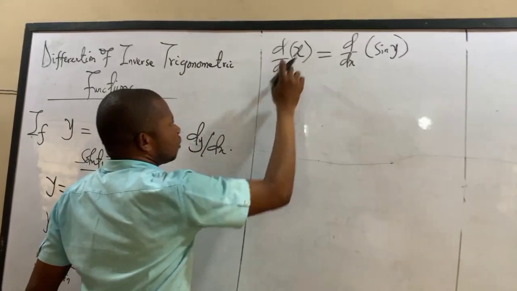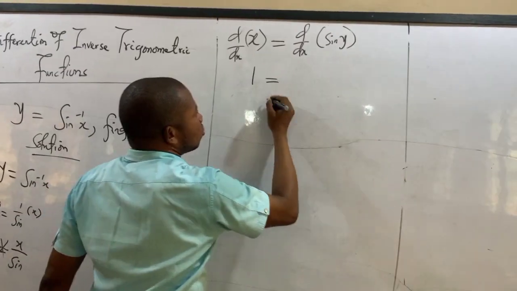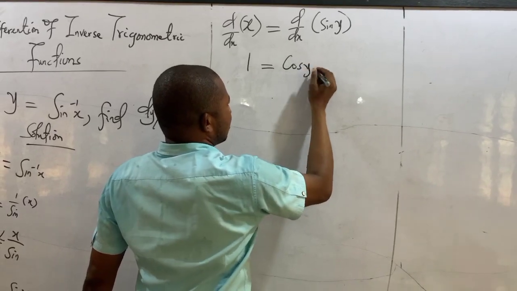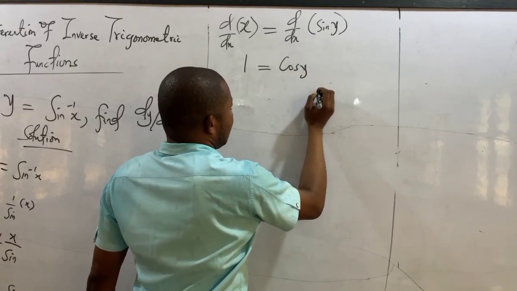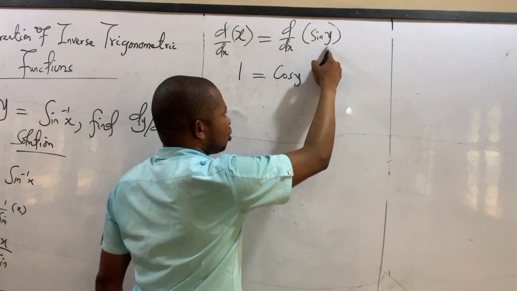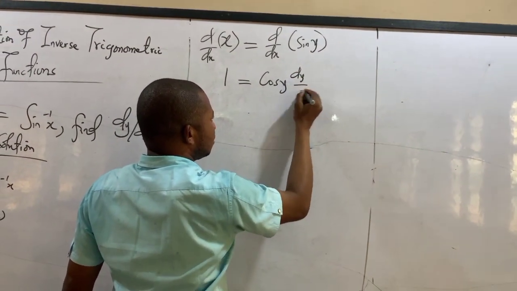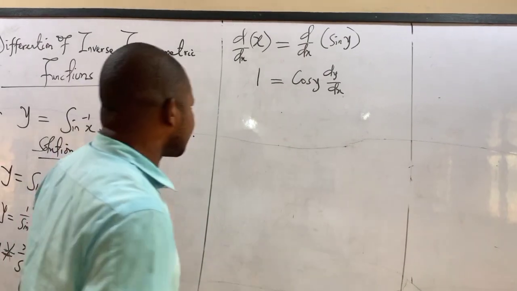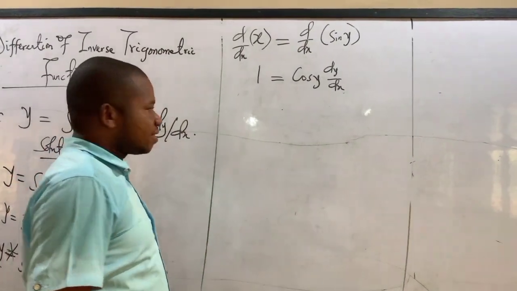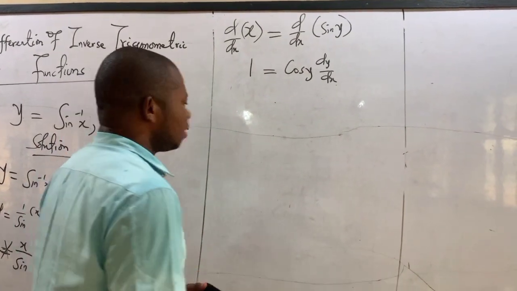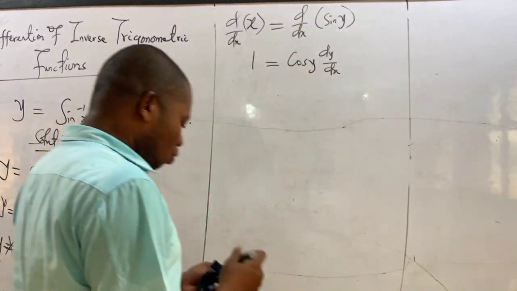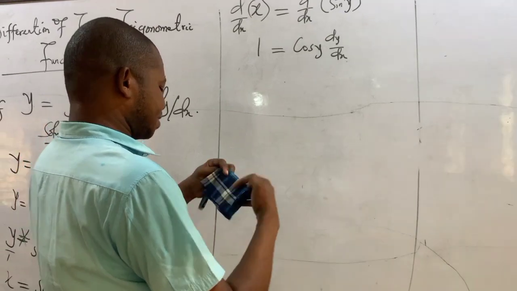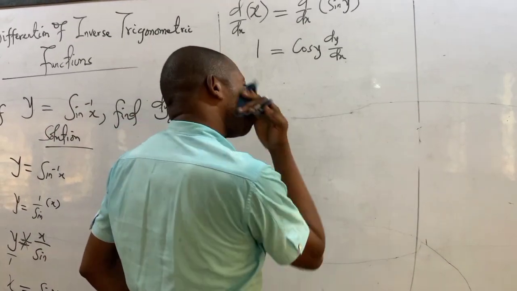If you differentiate x, it gives you 1. If you differentiate sine y, it gives you cos y, and because we are differentiating y, you have dy/dx. Anytime you differentiate y, the dy/dx comes in. It's as simple as that, so take note of that.